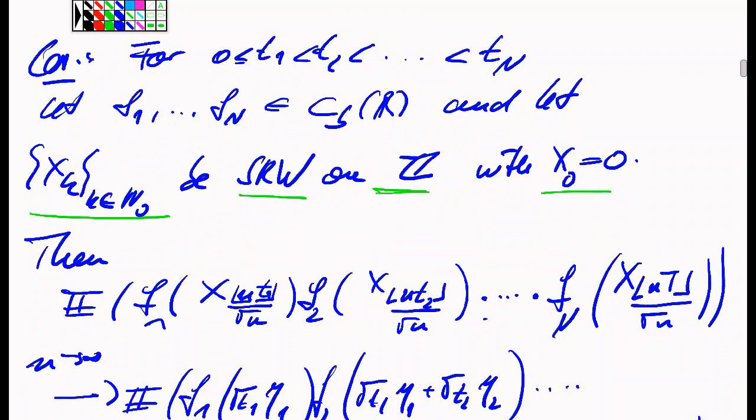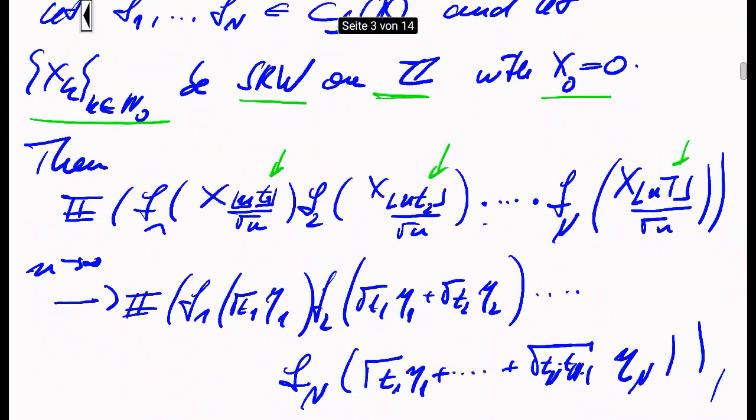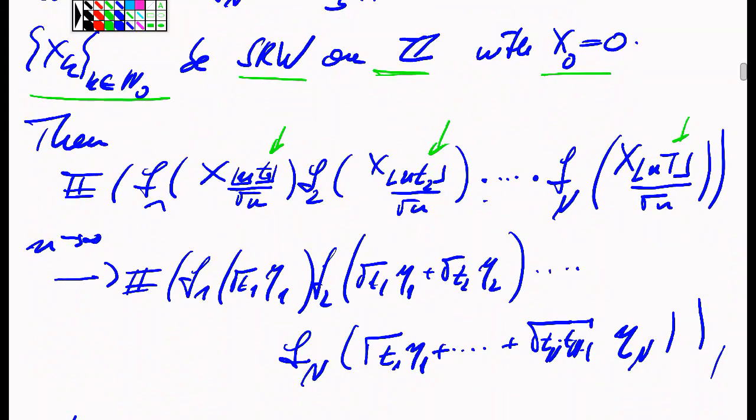And then we fix a collection of time points t1, t2, and so forth until some terminal time Tn.